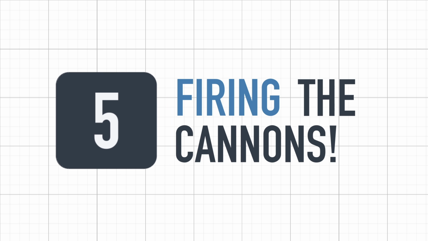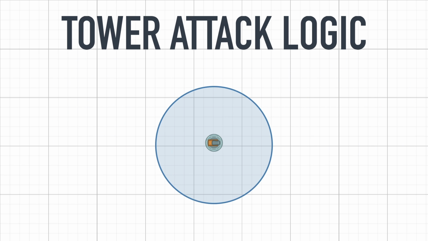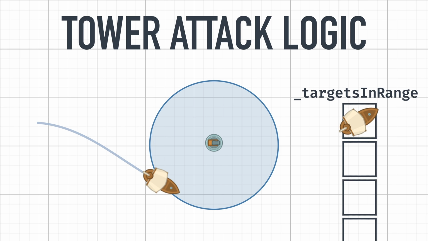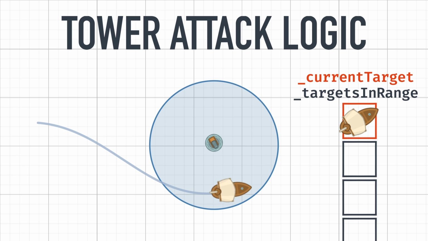For this final part, our goal will be to give some additional logic to our towers, so that when a ship enters their field of vision, they add it to their list of targets, mark the first one as the current target, look at it continuously, and regularly fire some cannonballs in its direction, at a given attack rate.